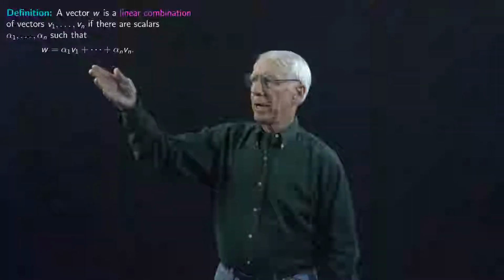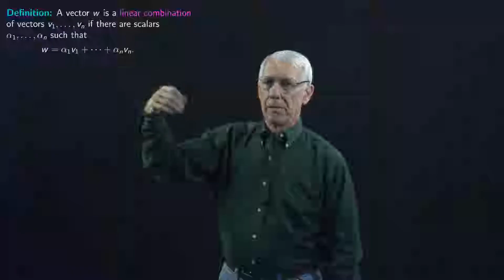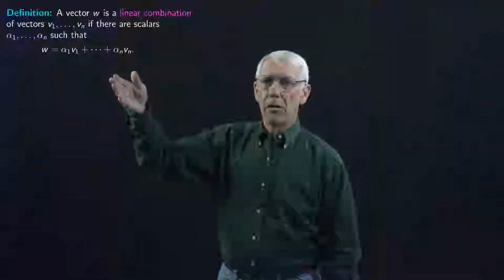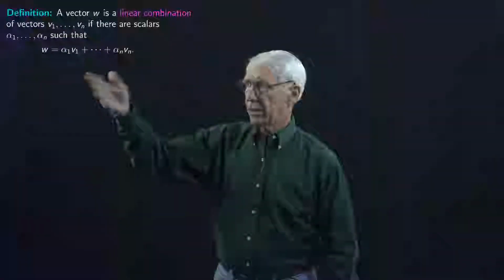That's really the simple way to think of it: a linear combination of vectors is just vector addition of scalar multiples of vectors.